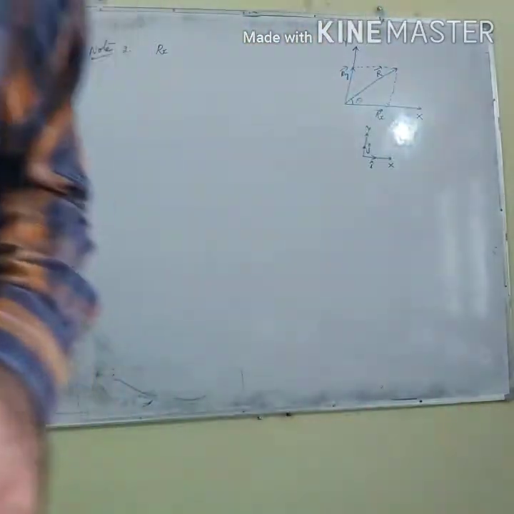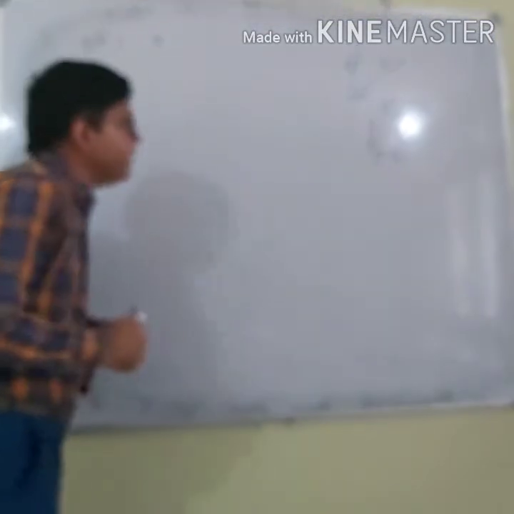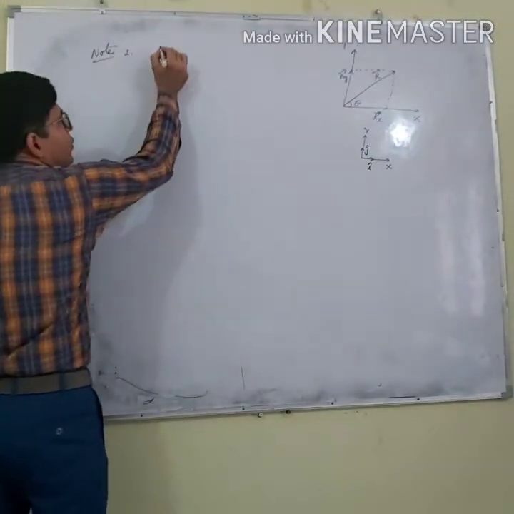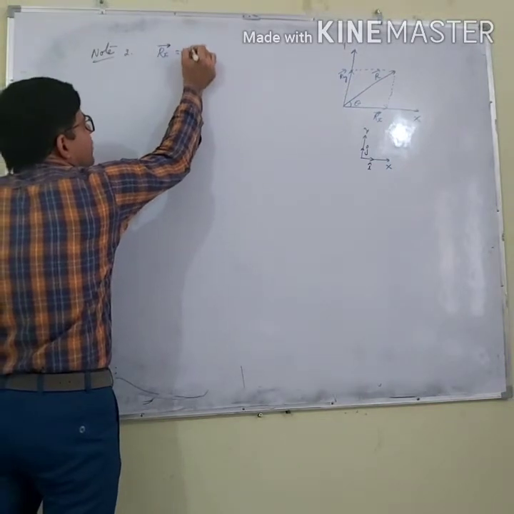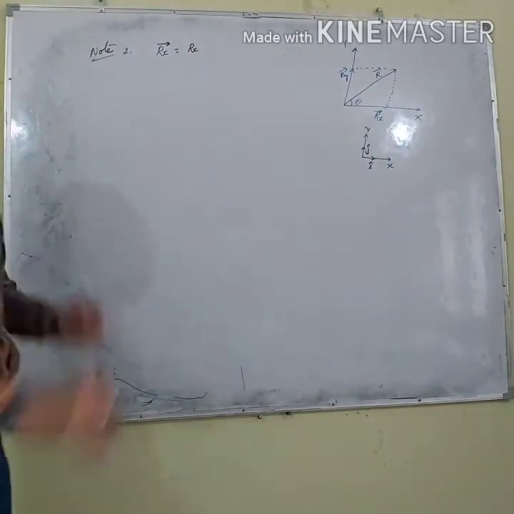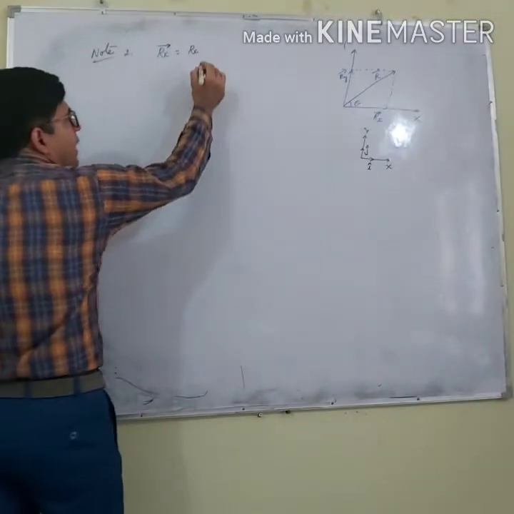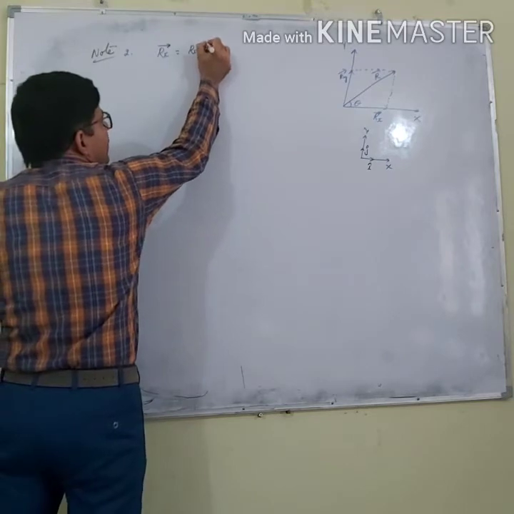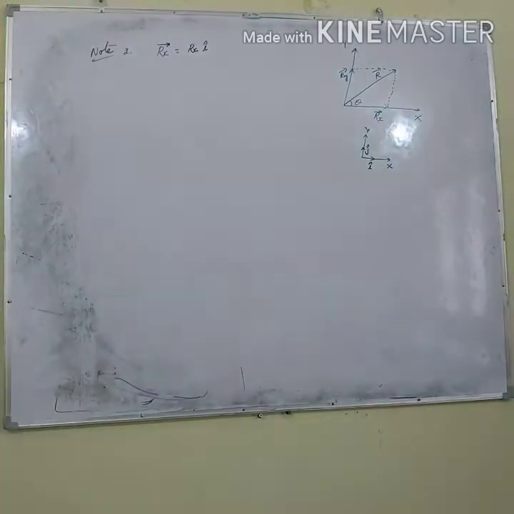The purpose of unit vector is to show the direction. So I can also write Rx vector equals magnitude of Rx, and direction of Rx. What is the direction of Rx? It is x-axis. Right?